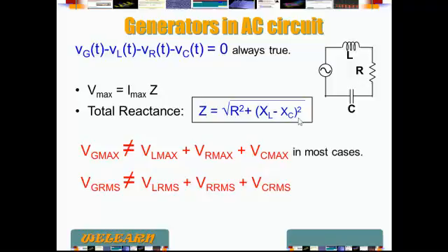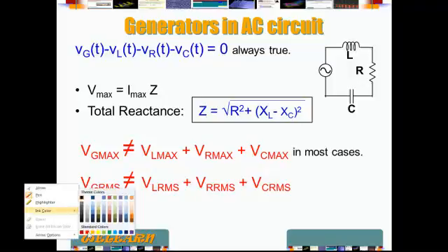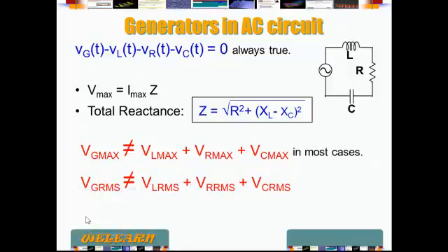And then, if we use the reactance expression, we can use it like we used it previously. So for example, for the case of the generator, Vmax is going to be Imax through the generator times that total reactance. And that total reactance, we also call it impedance.